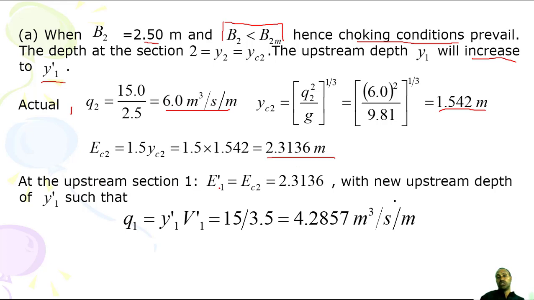At the upstream section, E1 prime reaches EC2, which is just the critical specific energy at section 2, with the new upstream depth of Y1 prime such that you have Y1 prime V1 prime times the width equal to 15. Then divided by width of the channel, you have this equation, which is Q1.